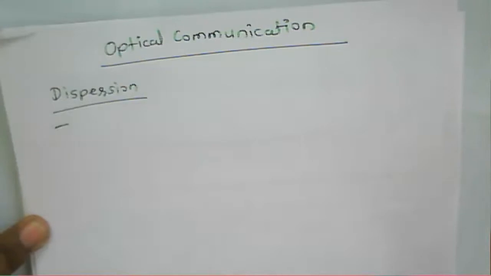Now the next type of distortion is signal distortion, and that occurs for a given signal we are transmitting, and the signal gets distorted at the receiver.